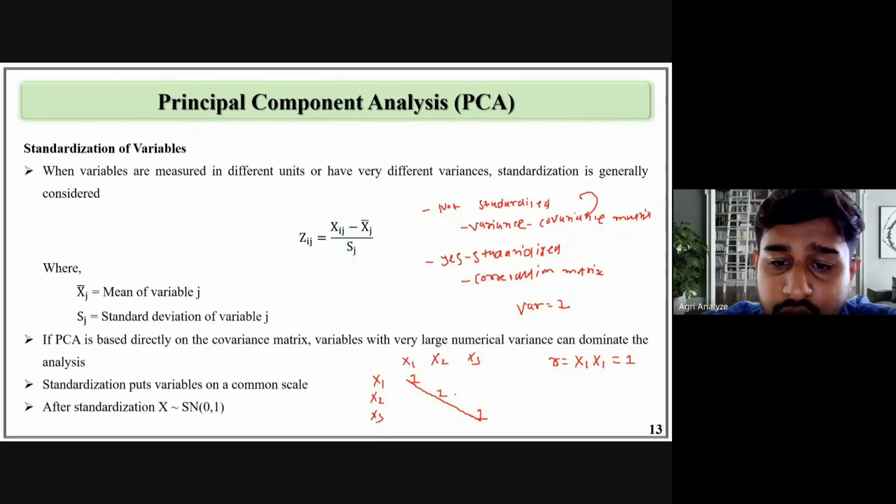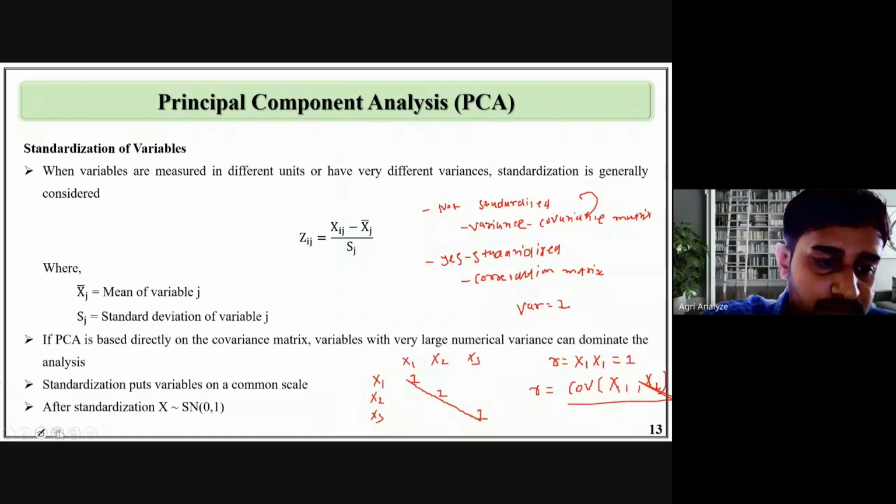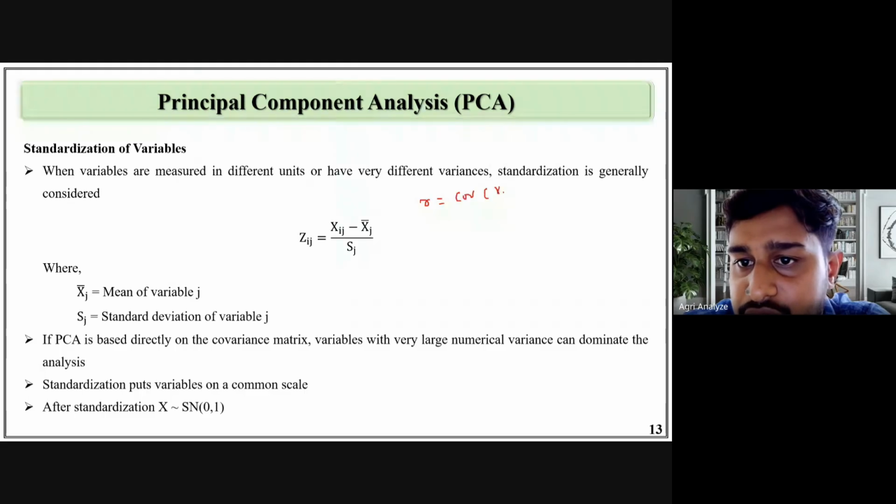Then the upper diagonal and lower diagonal elements show the covariance. Like R is equal to, as I explained in the previous slide, the equation for correlation: the covariance of x1 and x2 divided by the standard deviation of x1 and the standard deviation of x2.